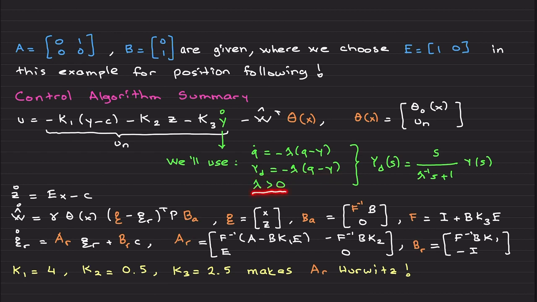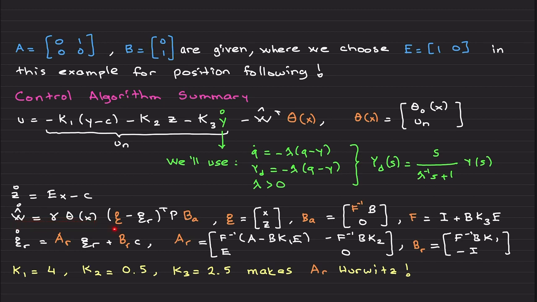And in real world applications, I tend to choose lambda between 10 to the 40, 10 to the 50, 10 to the 60, which should be more than sufficient. Sometimes you can also use second order filters. That's also fine. Sometimes I use second order filters as well. This is the first order filter, right?